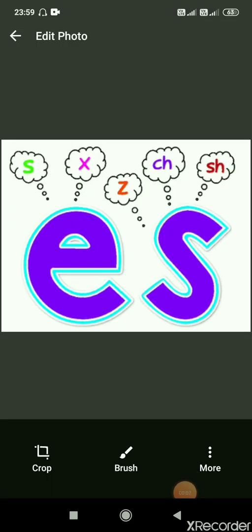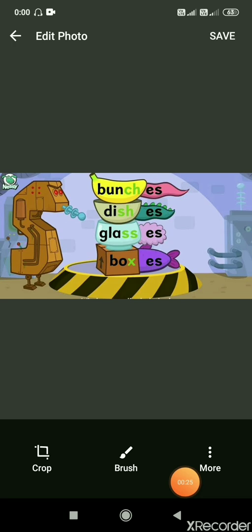Next rule is by adding es to form plural form. So the words ending with s, x, z, ch, sh, we add es to make it plural. Let's see some examples. The first word is bunch, and we can see that it ends with the letters ch.